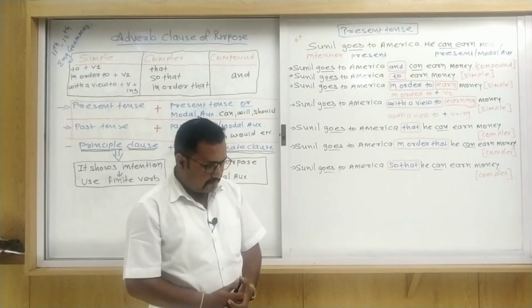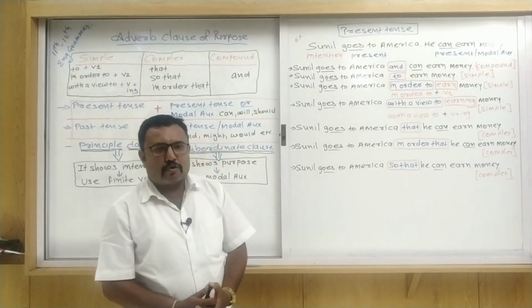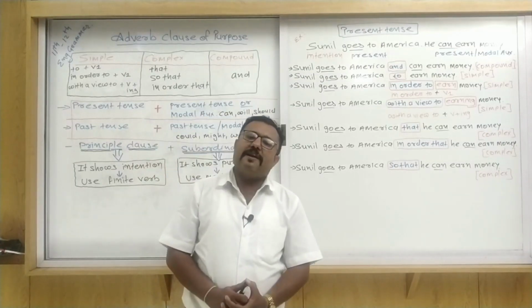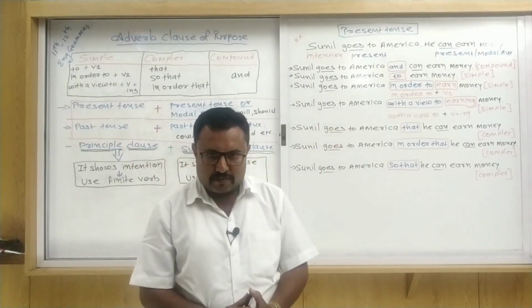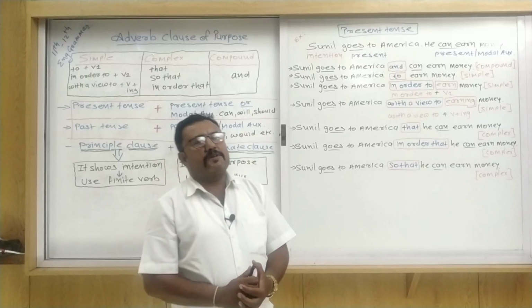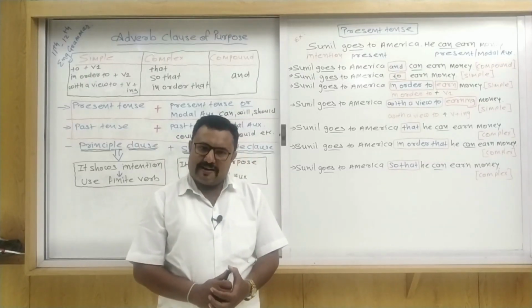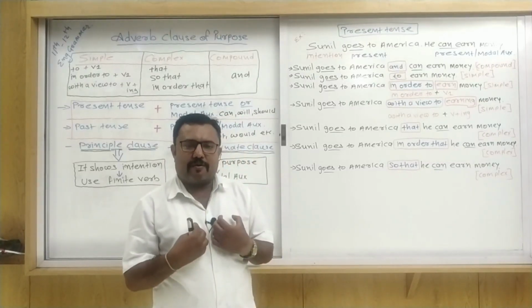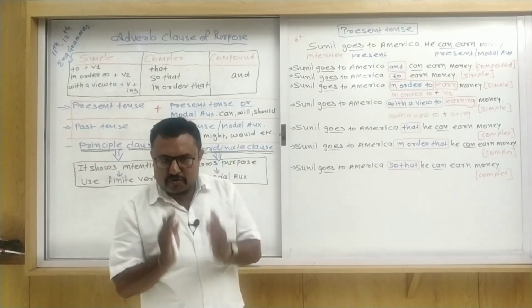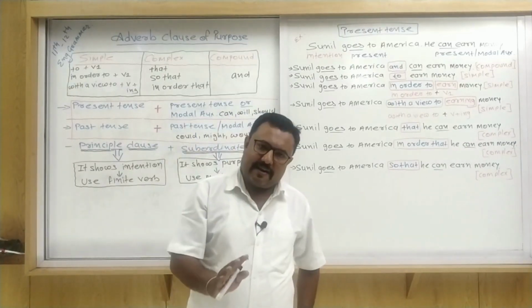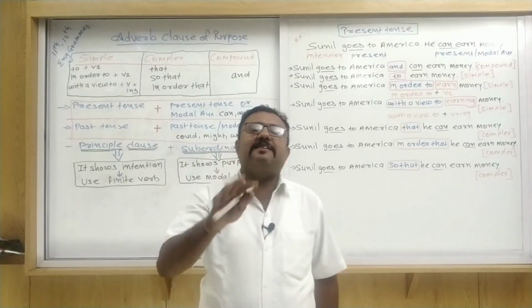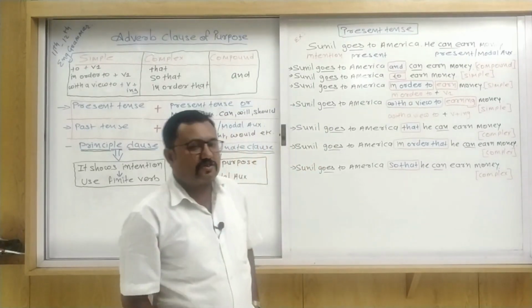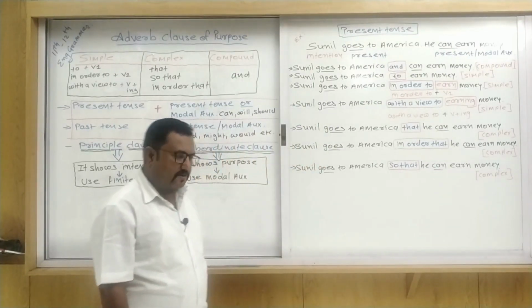Another example: the soldiers perform their duty on the border. What is the purpose? So that we can live at home happily. So the first sentence shows intention and the other sentence shows purpose.